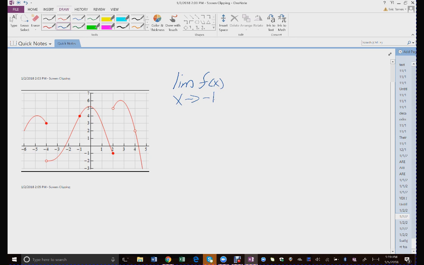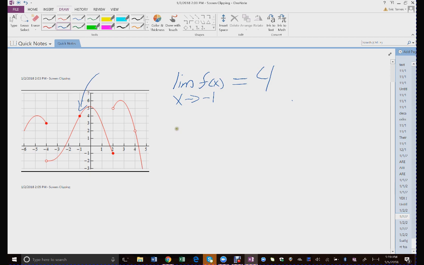This is pretty straightforward. I can go to the graph and look at it and say, aha, the function is going to have an output of 4 there. Seems easy enough. And you might be thinking to yourself, isn't that just the same as f of -1? Let's talk a little bit more in detail about that.